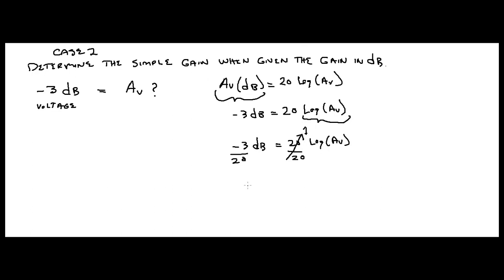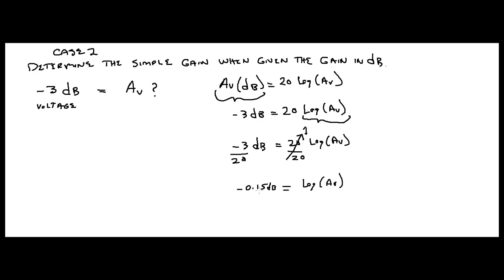So this is going to equal -0.15, all right, is going to be equal to log AV. Got it? Now, sorry, forgot the dB there.